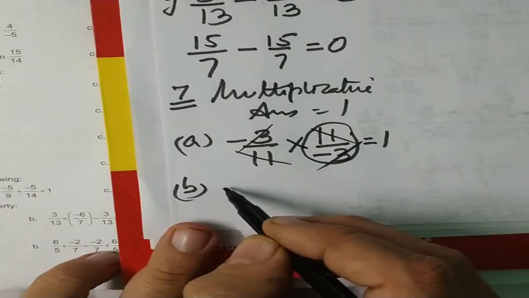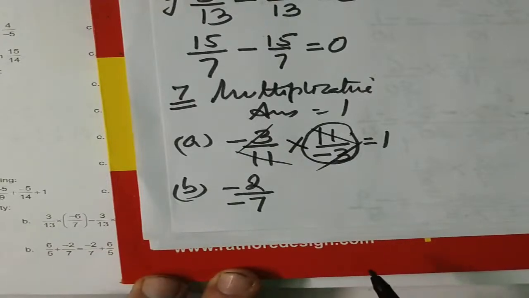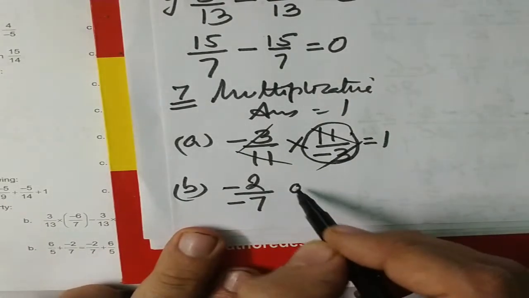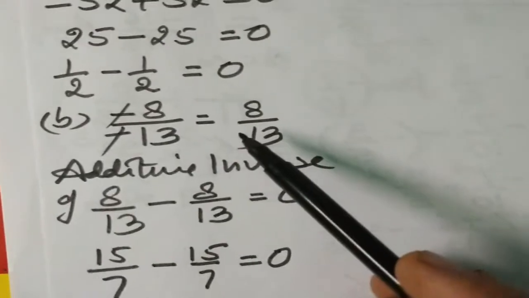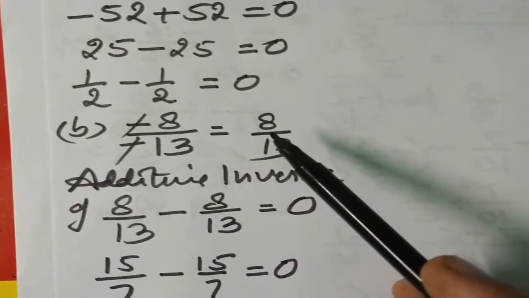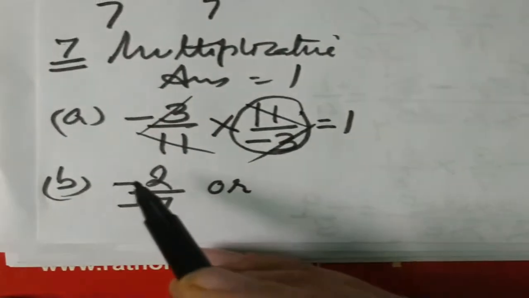What is the multiplicative inverse of B part? It is written minus 2 upon minus 7. So first we have to remove two signs. Like here we removed one minus sign. Two minus signs are there, we made it with one common sign. Same way, you will first remove this minus sign and minus sign.